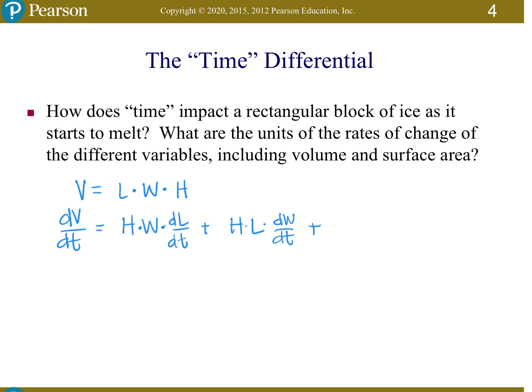And then what else? What's the one I'm missing? L times W, and then the rate I'm missing is dH. So that's the product rule. If you had 3 different variables, it's one rate at a time, and the other ones remain unchanged. If I had 4 of them, then it would be 3 variables and 1 rate, and just all the combinations you could do.